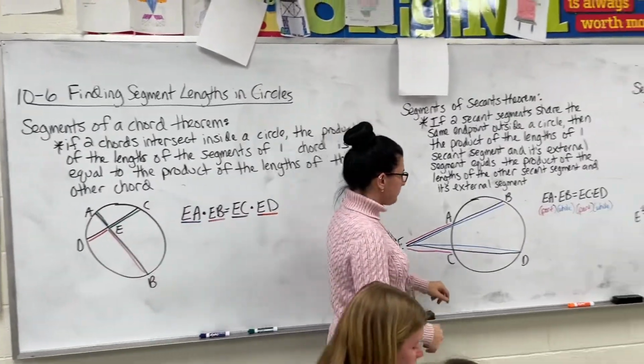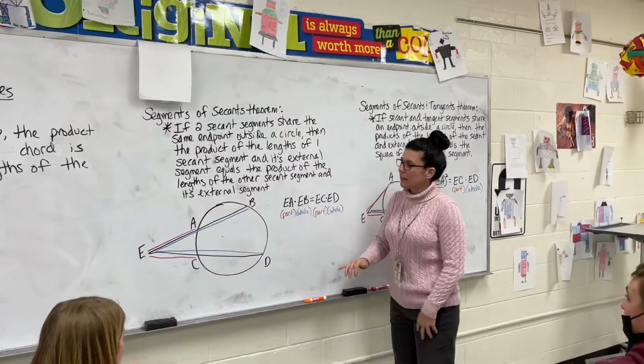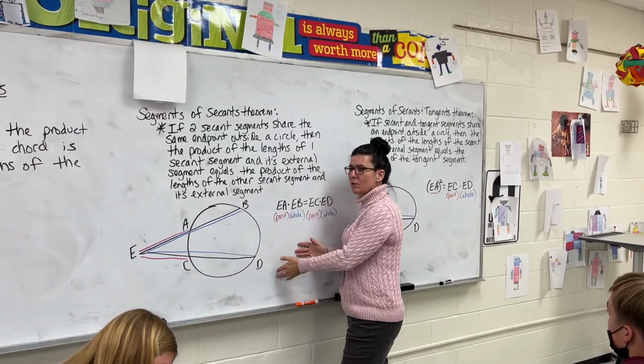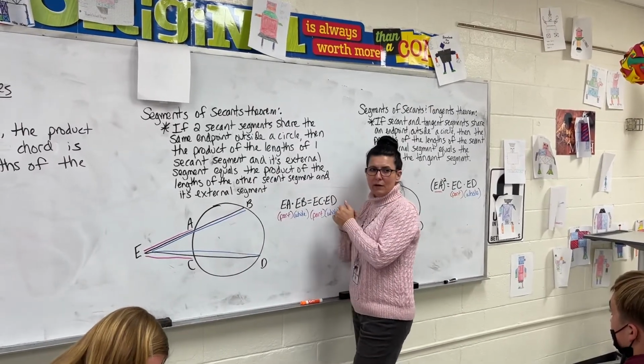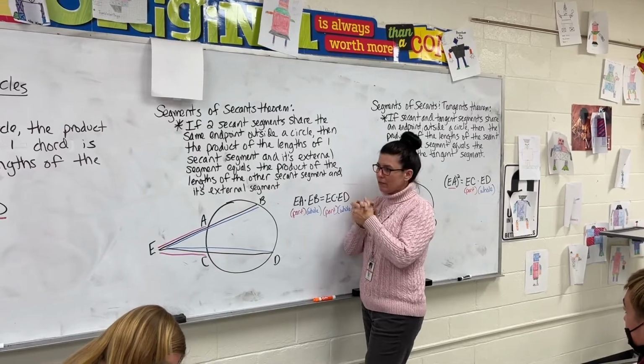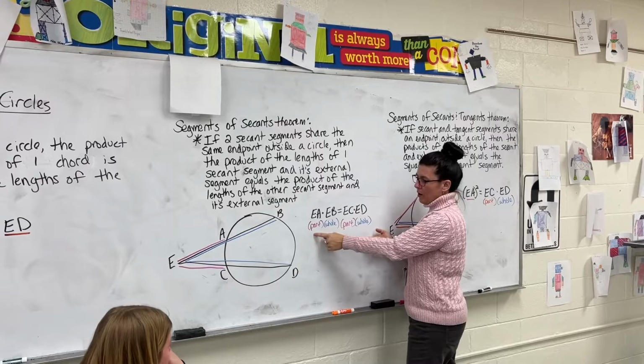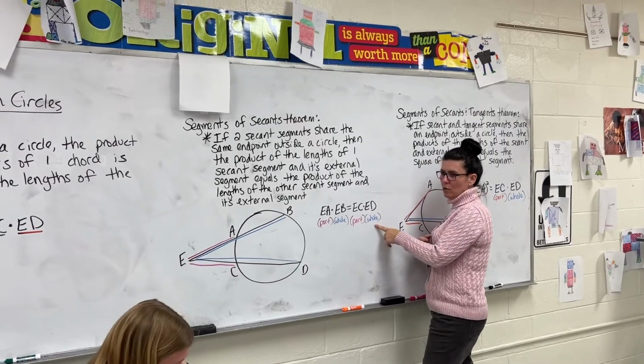Another scenario is two secants where they meet on the outside. We have had pictures like this dealing with angles. Today we're talking about segments or partial lengths. Here's our formula. The easiest way to remember it is part times whole and part times whole.